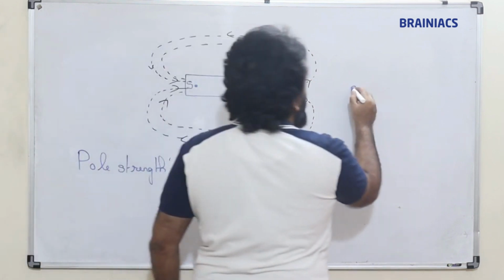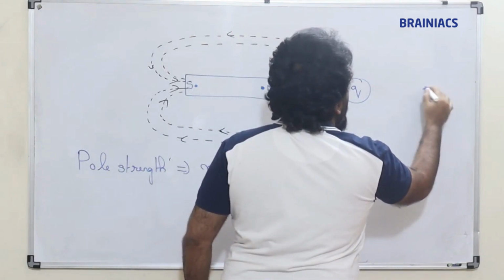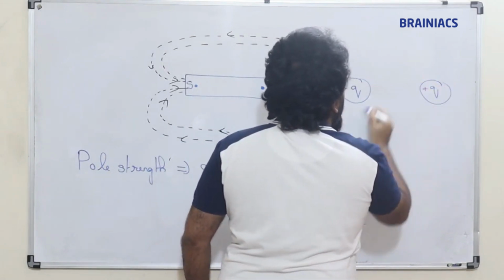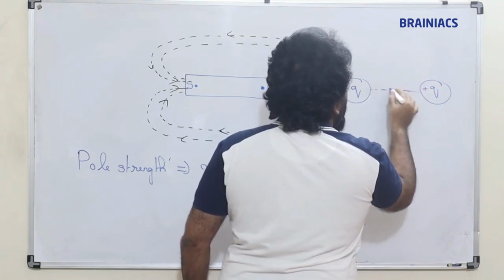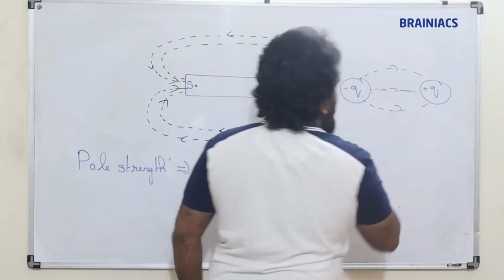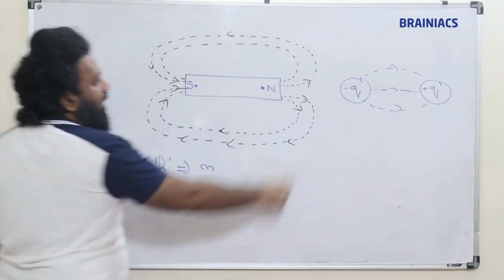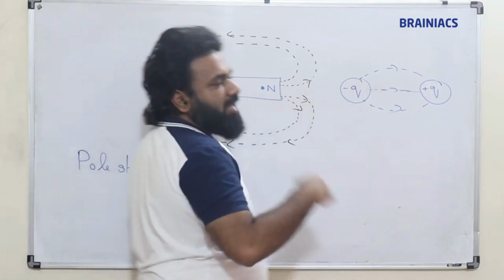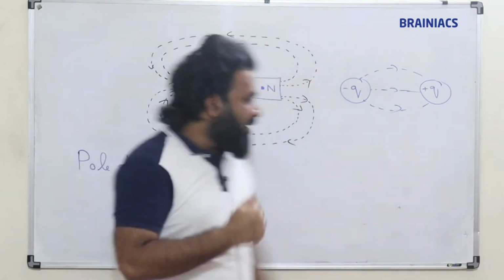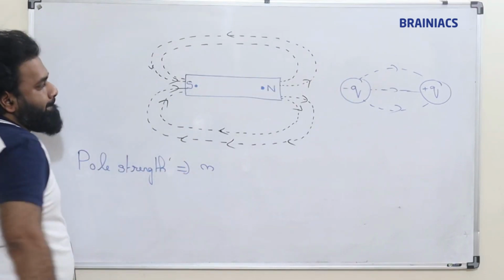Just like if we keep a negative charge here and a positive charge here, there will be electric field lines, correct? Just like that, how strong the charge is, that much will be the field lines. Same way we will have here pole strength m.